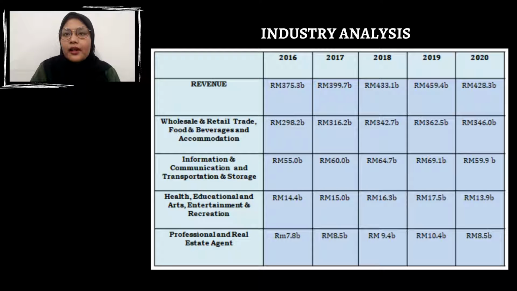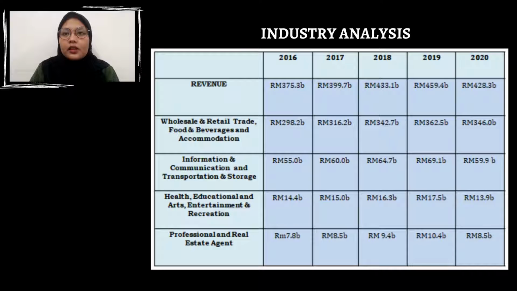From information and communication and transportation and storage is 69.1 billion ringgit. From health, education and art, entertainment and recreation is 17.5 billion ringgit. From professional and real estate agent is 10.4 billion ringgit.